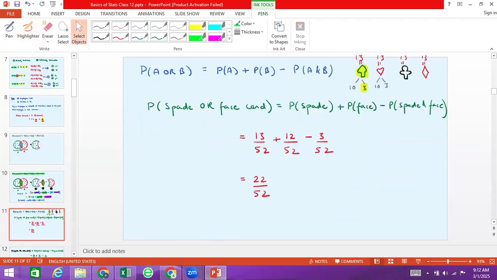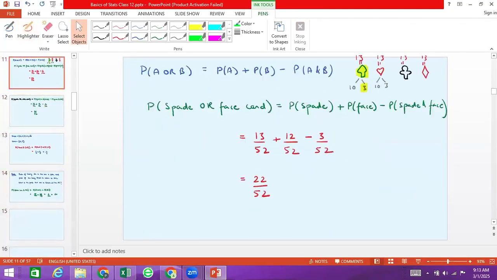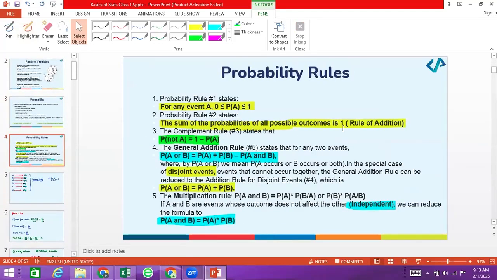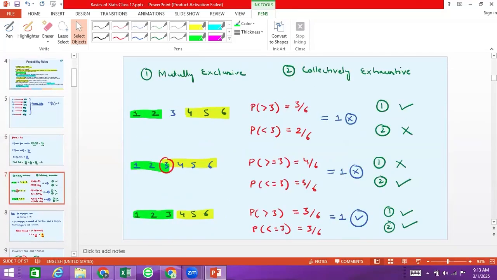Okay. Then one more rule that we were discussing was the addition rule, right? The sum of probabilities of all possible outcomes is equal to 1. The rule of addition. But for this rule to hold true, there are two conditions that we should be able to meet.